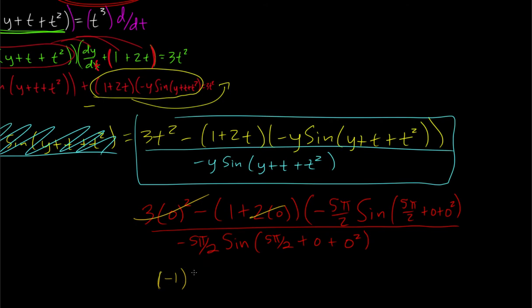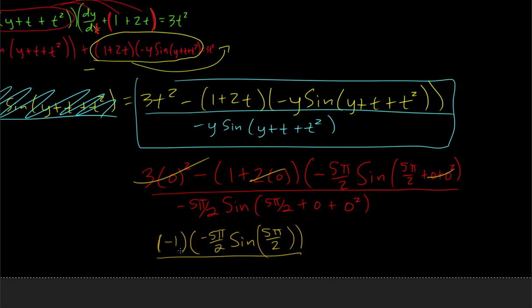Then we still have negative 5π/2 times sine of 5π/2, because all of that goes away. On the bottom, we have negative 5π/2 times sine of 5π/2.